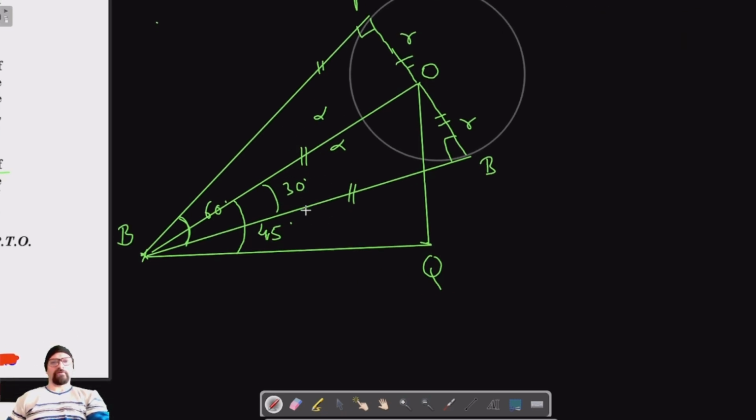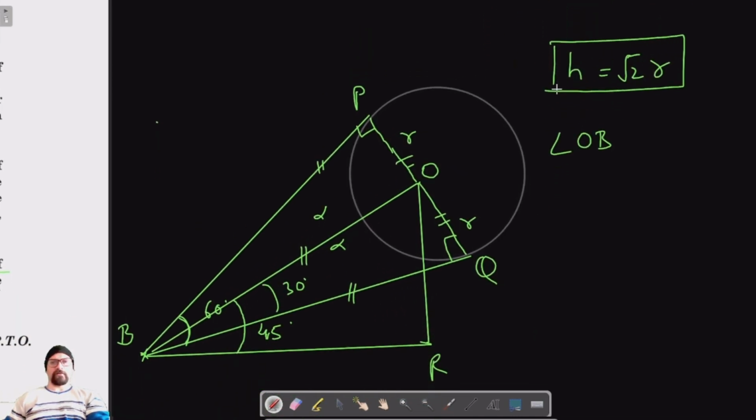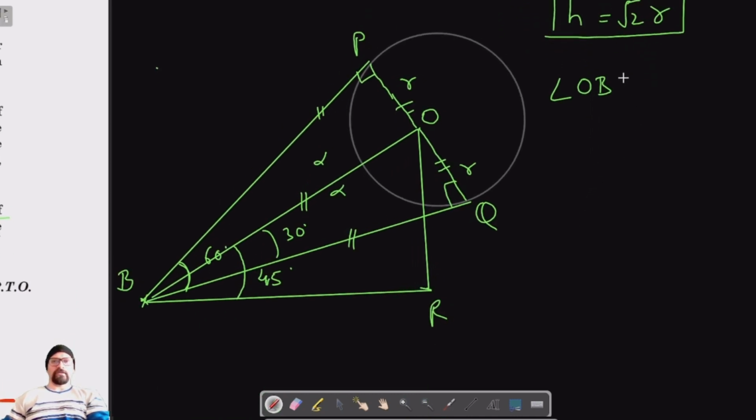If these two triangles are congruent, so angle OB, let's say this is, I have given it B. So this is, let's say, Q, and this is R. Now OR is equal to H. Now angle OBQ is equal to 30 degree. And if you want, you can prove the triangles congruent and then take half of this angle, because this complete angle is 60 degree.